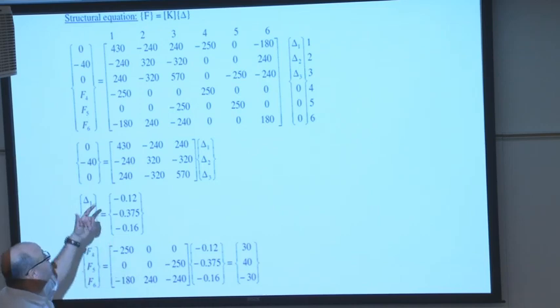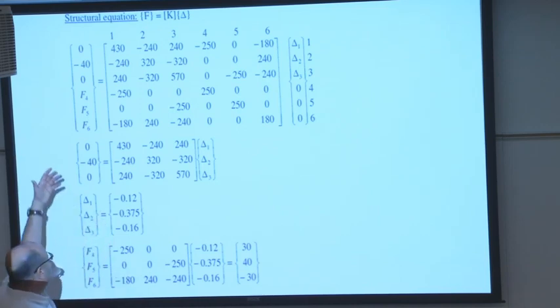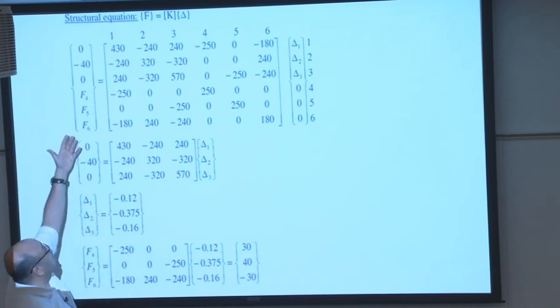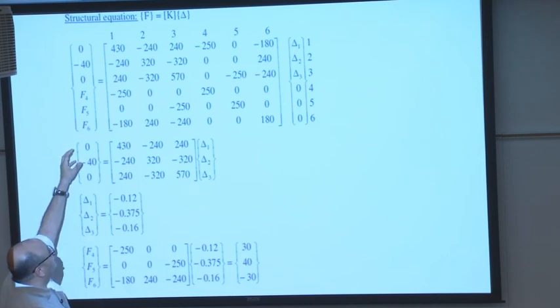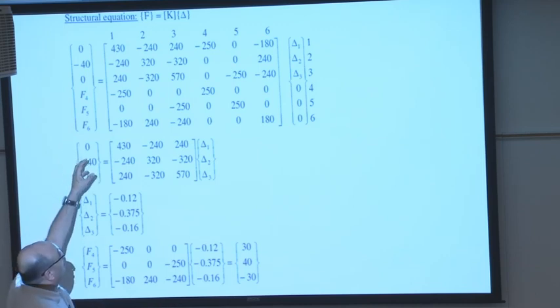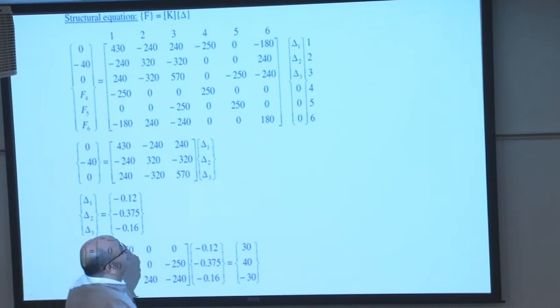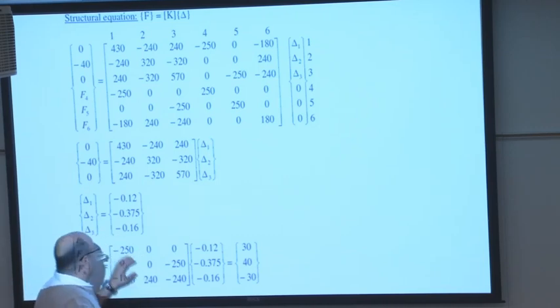And then you plug them back here, and you solve for the forces or the support reactions, which are F4, F5, F6. How do we do that again? We take that submatrix right here, K21, and multiply by these deltas right here. Here we go.